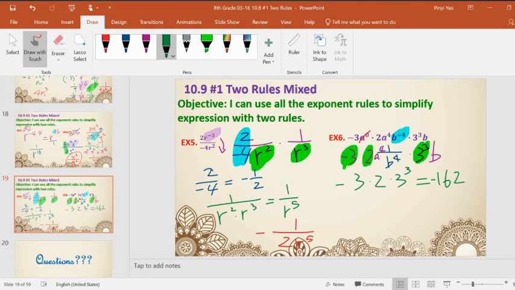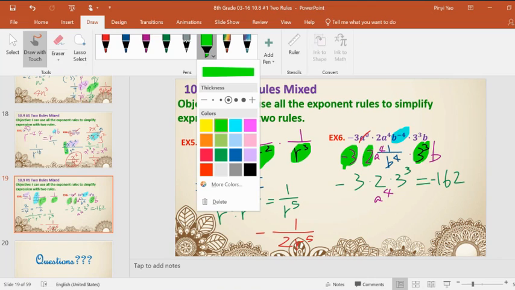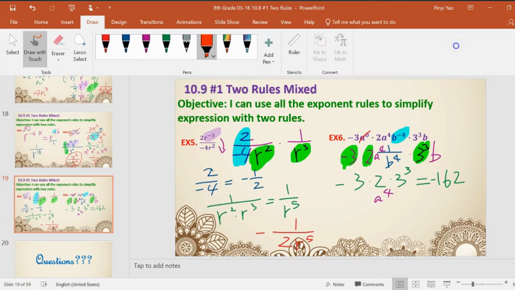As for the a to the 4th, that just stays there. The next thing we have is actually the b, which would be right there. 1 over b to the 4th can be put together.